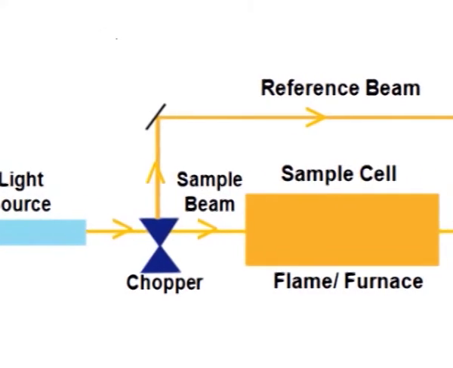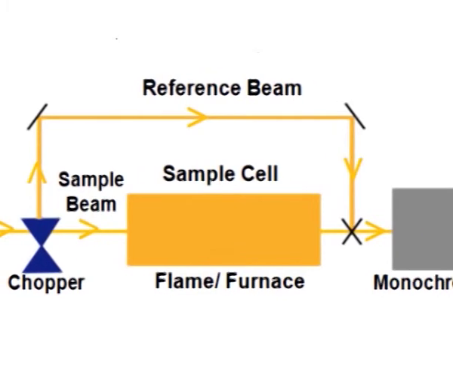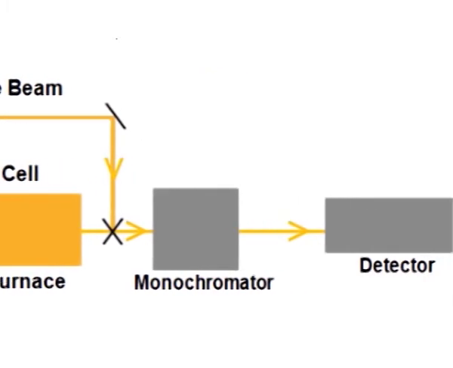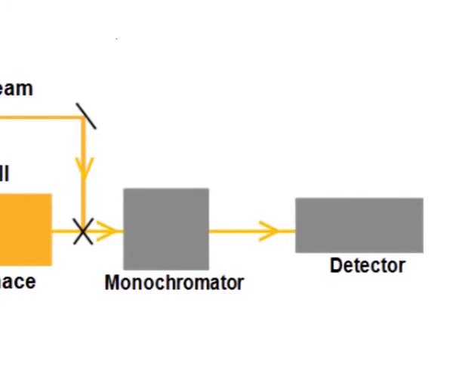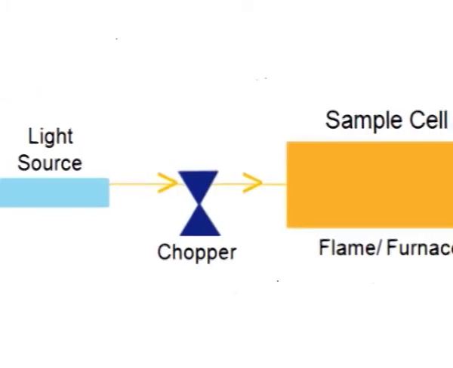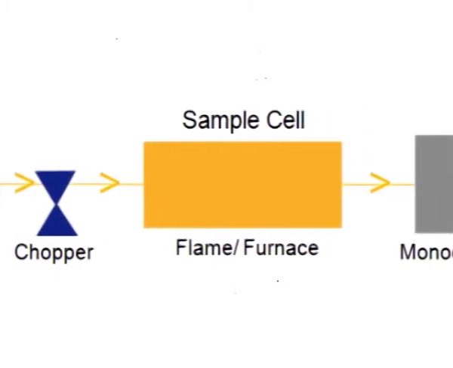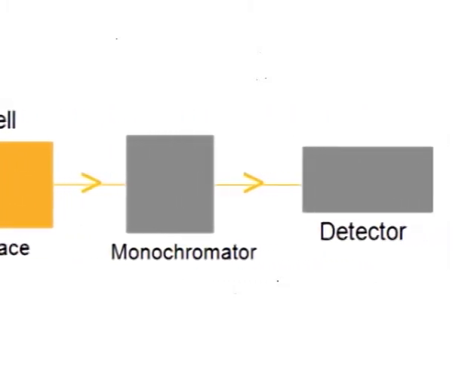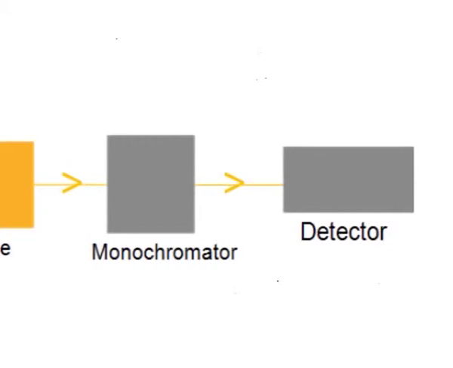A double beam spectrophotometer compares the light intensity between two light paths, one path containing a reference sample and the other the test sample. A single beam spectrophotometer measures the relative light intensity of the beam before and after a test sample is inserted.